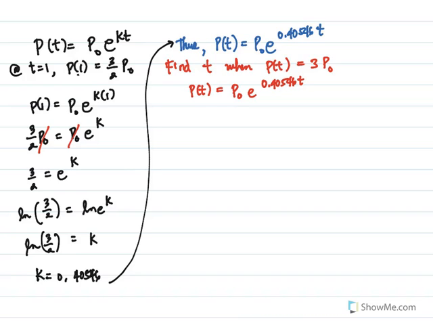We want our P of t to be 3 times P naught is equal to P naught e raised to 0.40546 t, and then we solve for the time. Cancel the P sub 0. So you have here 3 equals e raised to 0.40546 t. And then solving for t, we take the ln of both sides.